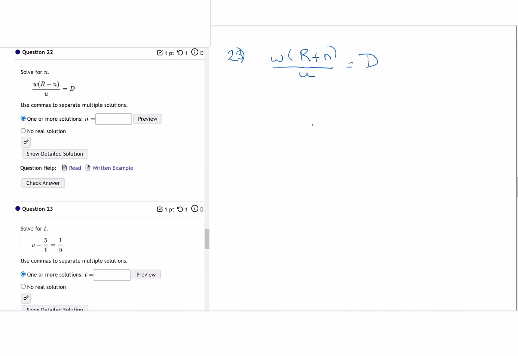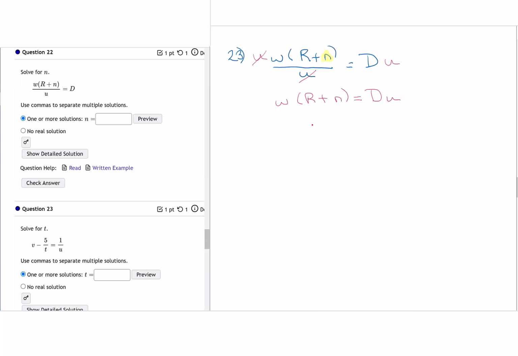Here's what I'm solving for. I have to basically peel away the layers. So I'm going to multiply both sides by u, because that cancels that u with that u, and I get w times r plus n equals capital D times u.